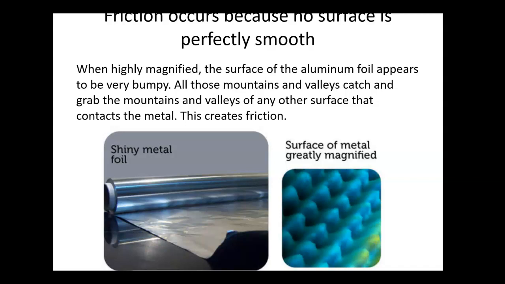These are at the microscopic level, at the level of individual molecules and atoms, and so it is not perfectly smooth, and these small little bumps in the surfaces can catch on and attract the bumps on another surface, and that's what causes friction.